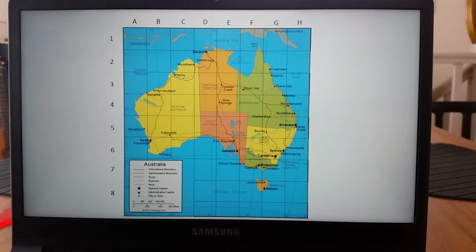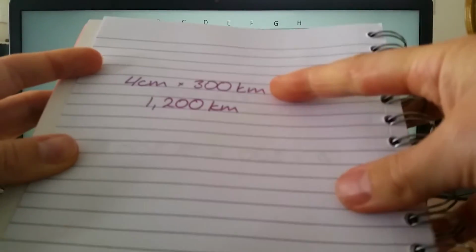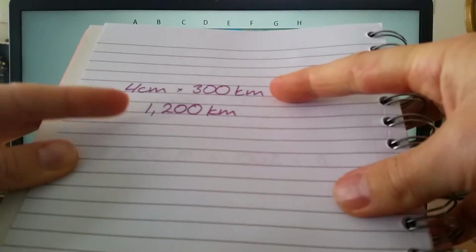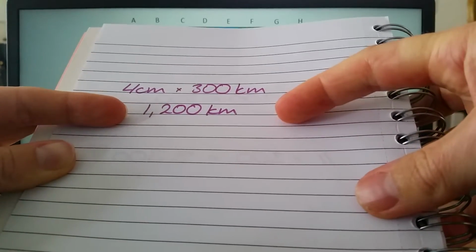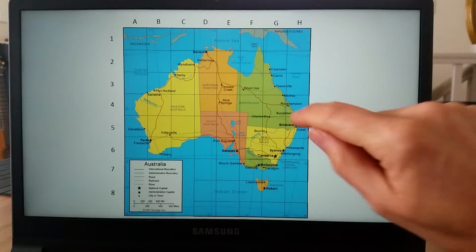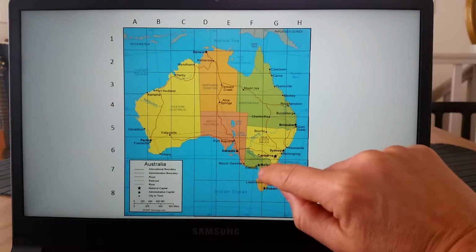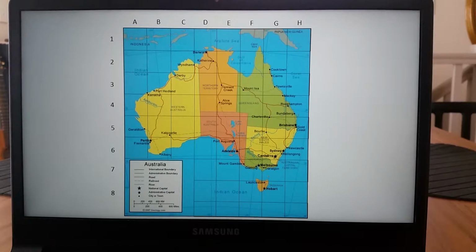So we had 4 centimeters, multiply by our 300 kilometers from the scale, that gives us 1,200 kilometers. So we now know that the distance between Brisbane and Melbourne is 1,200 kilometers.